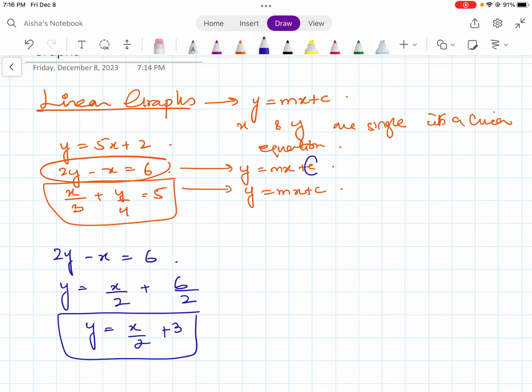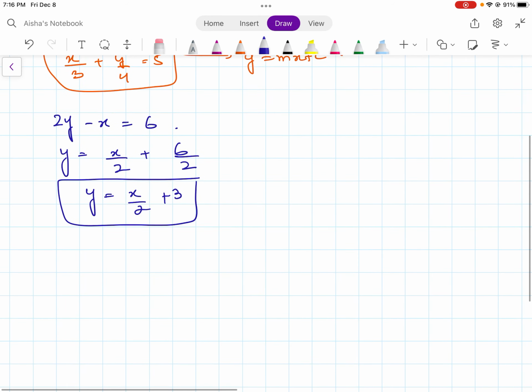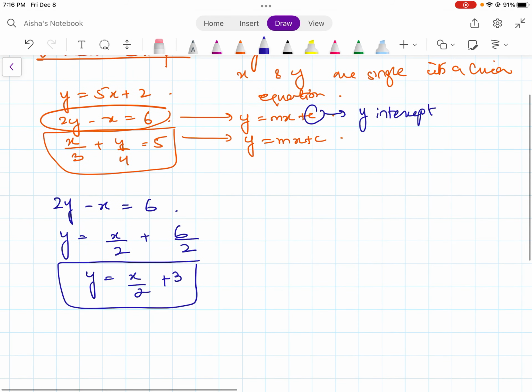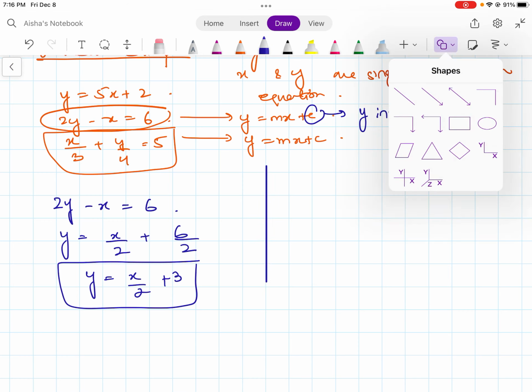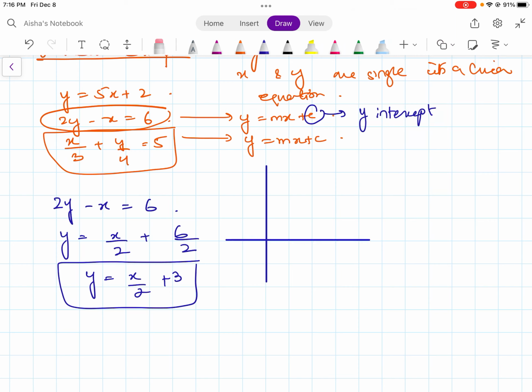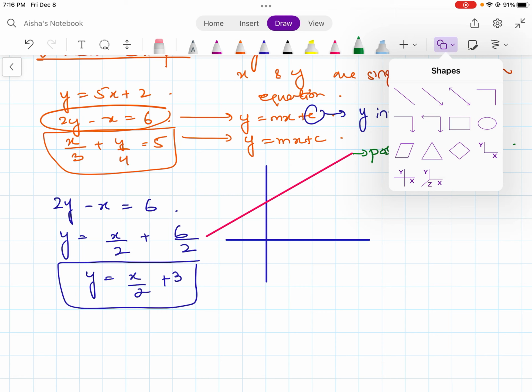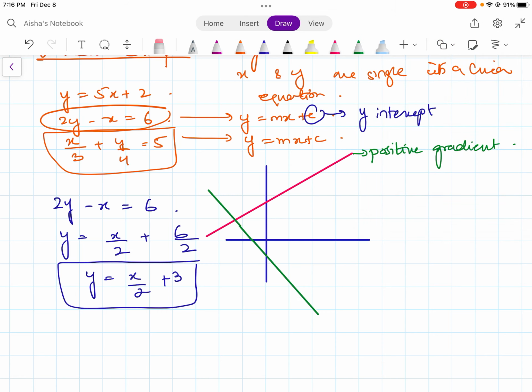From the equation you know c is the y-intercept, and m is the gradient. Okay, so this line is an upward sloping line. An upward sloping line has positive gradient, and a downward sloping line has negative gradient.